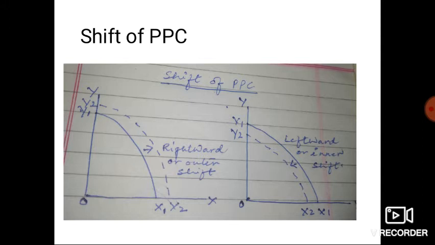If resources are destroyed, that is, resources are decreased, and the producer uses a traditional or old technique of production, then the PPC will shift leftward, just like OX1 OY1 to OX2 OY2.